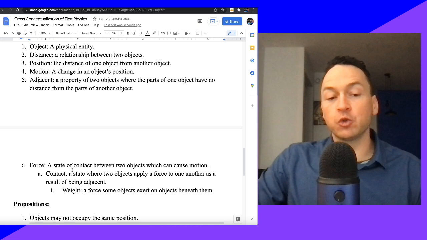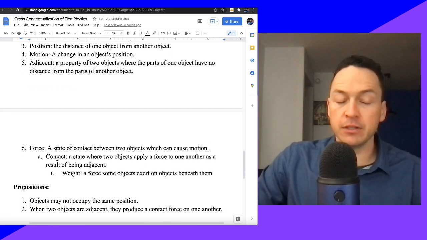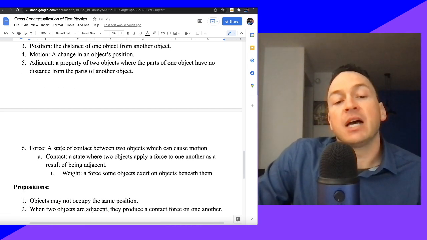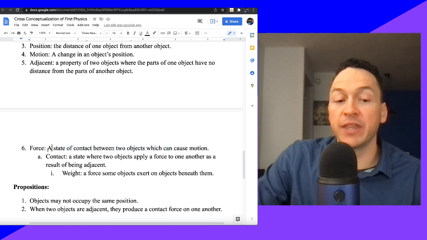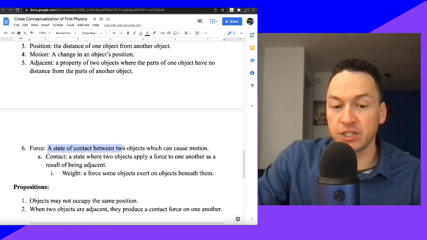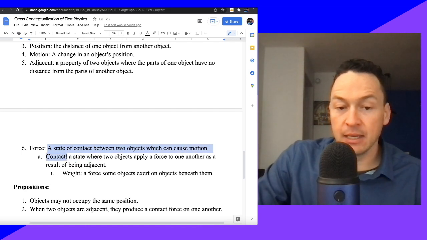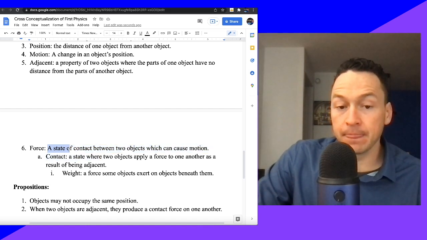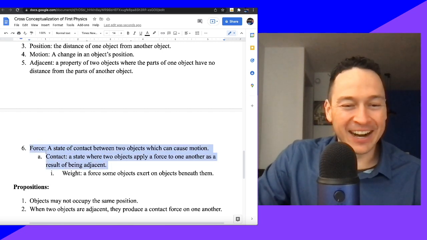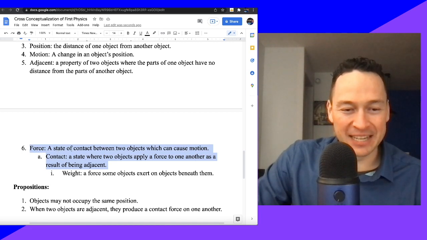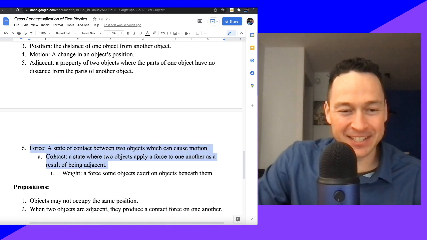Are there forces which are not contact forces? A state of contact between two objects which can cause... Oh, well, that's interesting. I defined forces as contact. So here's a circularity, and it's not a terribly interesting one. I just need to change this.